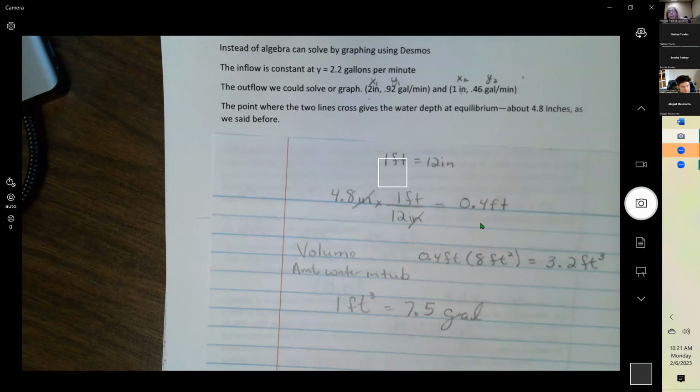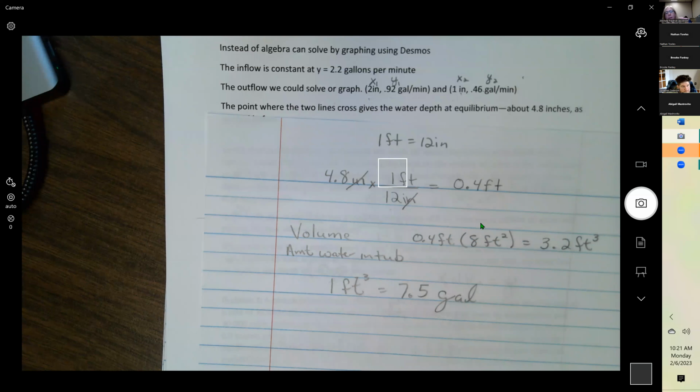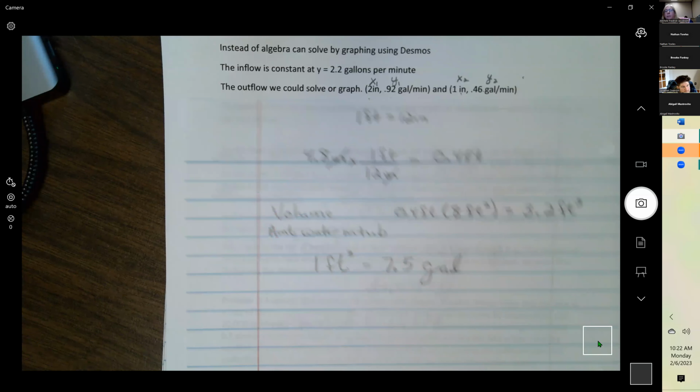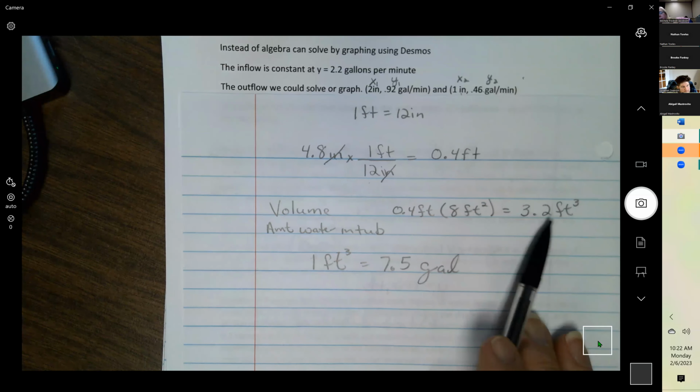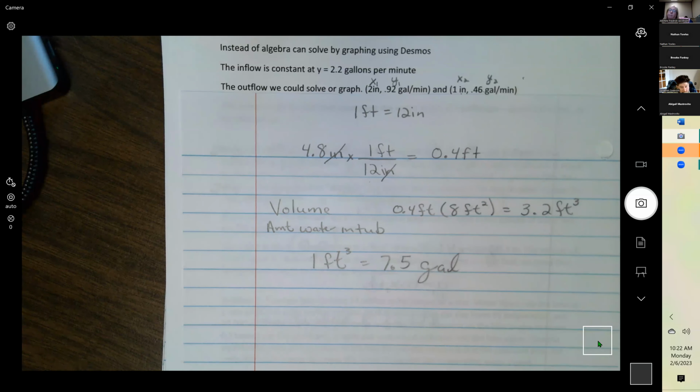So if we go to convert this to gallons, 1 cubic foot is 7.5 gallons. So take these cubic feet and change it to gallons.